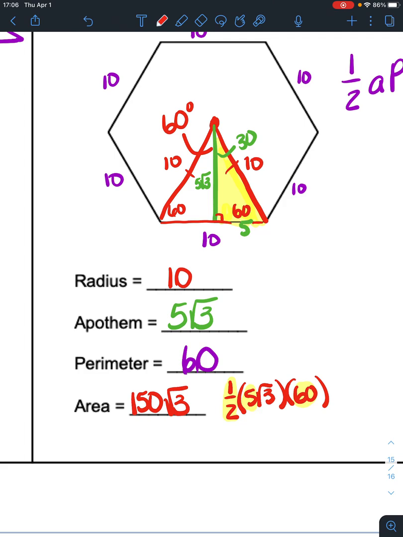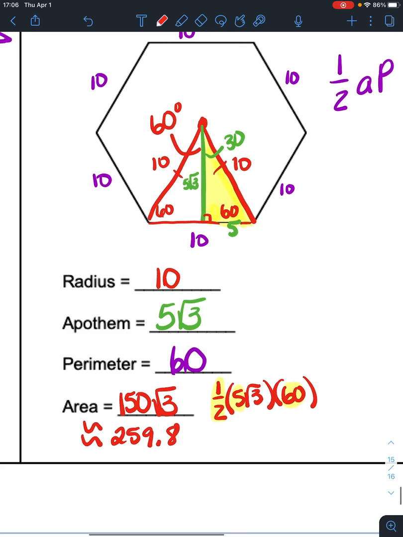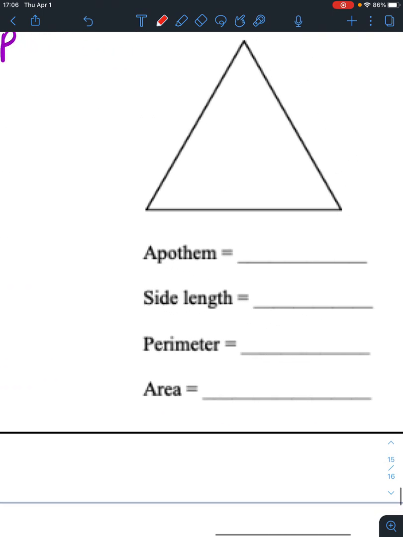So my area is 150 root 3, 150 times the square root of 3. If I asked for you to round it and get the approximate, that would be approximately 150 times the square root of 3. You would type that in on your calculator, and you would get 259.8. That is my approximate answer. My exact is 150 root 3.